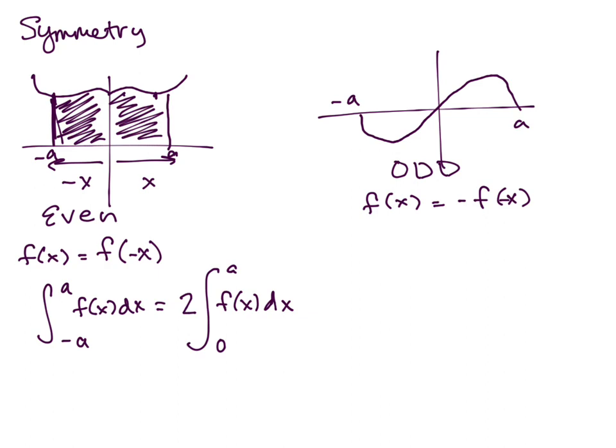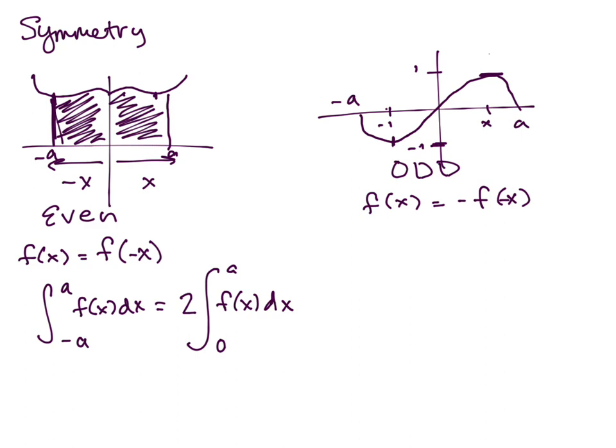If f of x happens to be 1, then f of negative x would be negative 1. They're opposite. F of positive x is positive 1. F of negative x is negative 1. That's how they're odd, and this is the rule: f of x equals negative f of negative x.